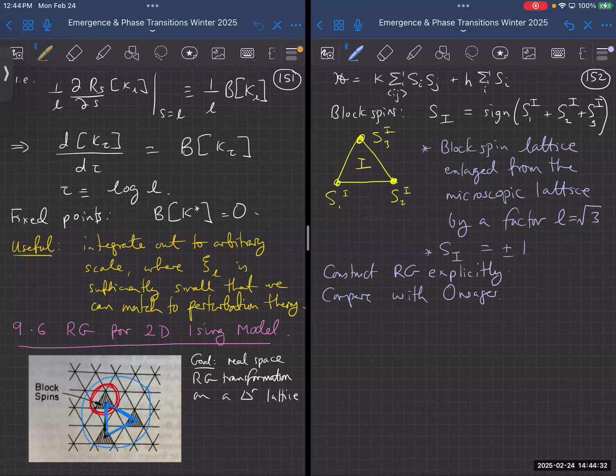What Onsager did in 2D, in the case where the external magnetic field is equal to 0, was show that alpha is equal to 0, and the critical exponent delta that tells you about the breakdown of linear response theory has the value 15, and then there are various other critical exponents that I listed for you in a previous lecture. So our strategy is going to be the following.